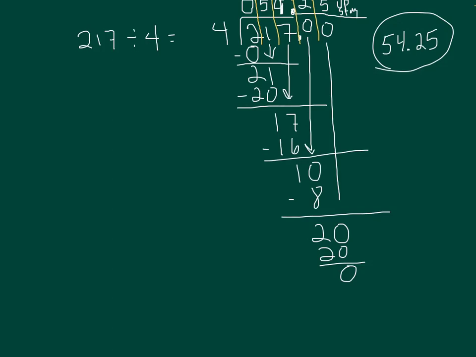If you could find out what it was, then you could tell the 5, the number in the 100th place, to go up or to stay. So that way you could stop.